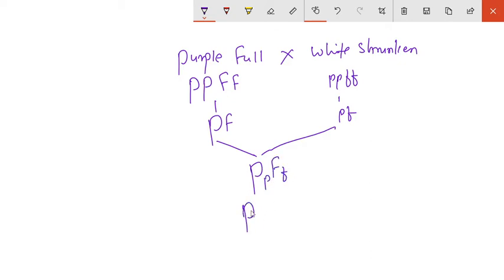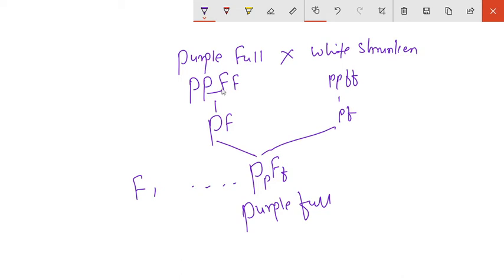So it is purple and full. So it is the F1. Okay. So in 2-point test cross, now we have to calculate the distance between this purple and this full. So it is the gene mapping.